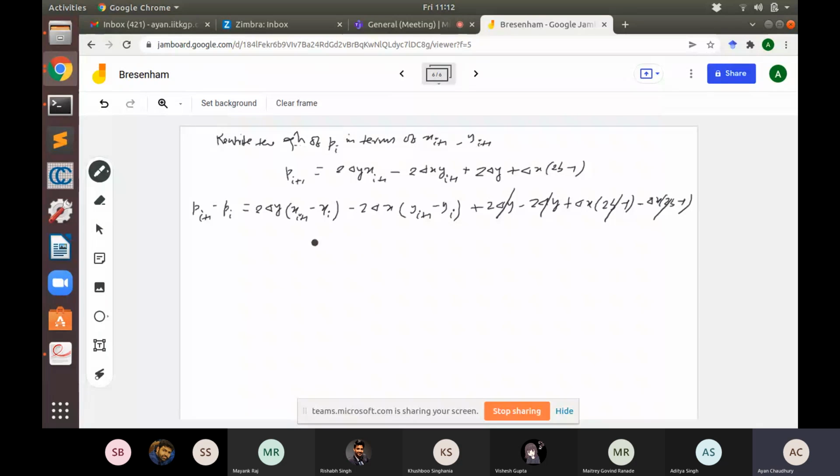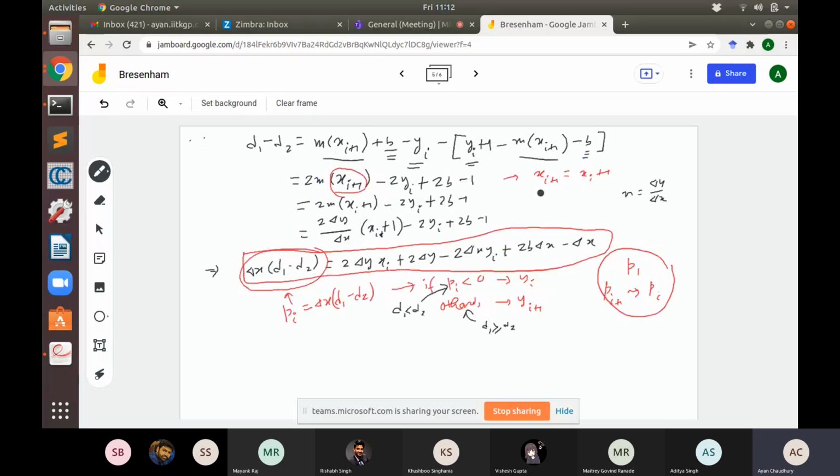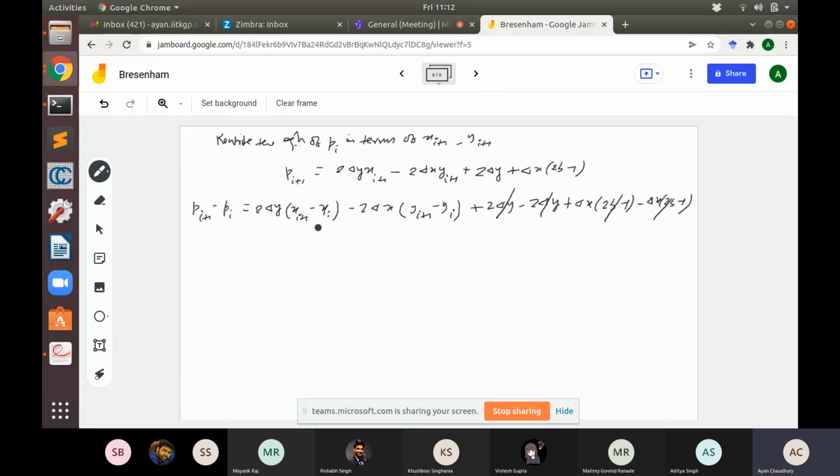Now what we have seen here is that xi plus 1 is equal to xi plus 1, right? So if we put it here, xi plus 1 minus xi is equal to 1, so pi plus 1 minus pi is equal to 2 delta y minus 2 delta x times yi plus 1 minus yi. Let's call it equation 1, because we will need this.